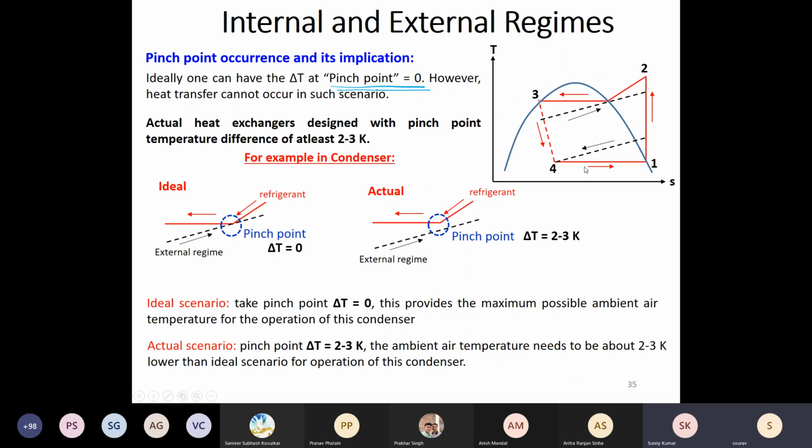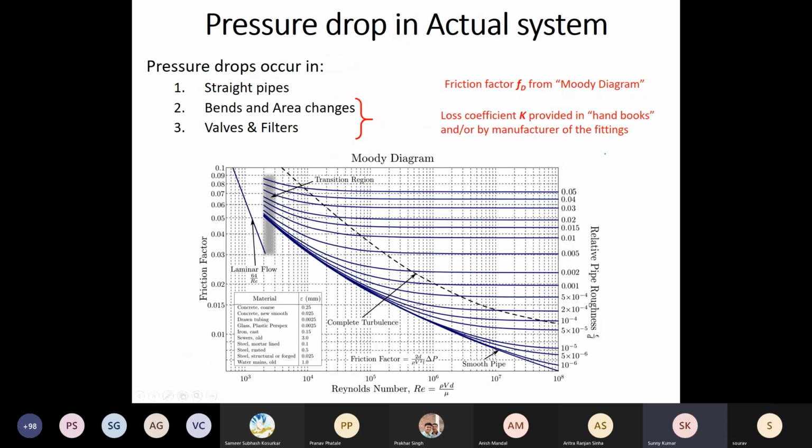Okay, so the next slide is just a slide which reminds you of the Moody diagram, which you would have seen in your fluid mechanics. You would have studied minor losses, major losses, or you would have heard this term head loss or something of that sort.